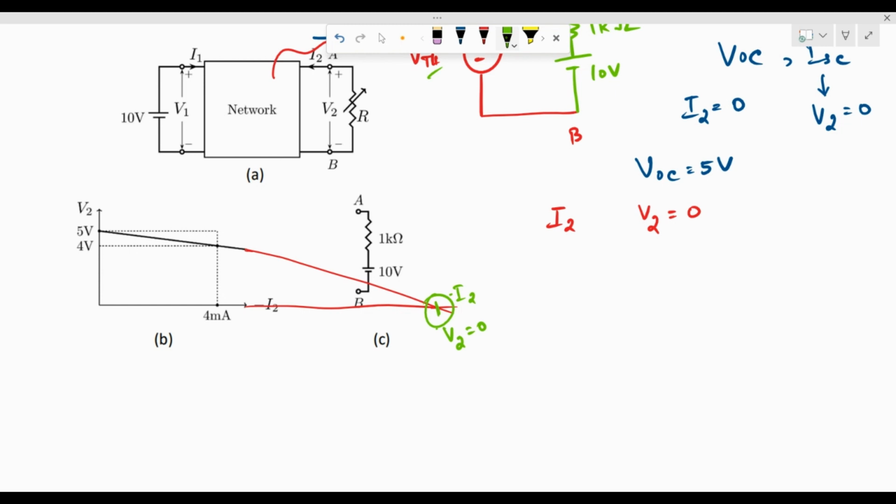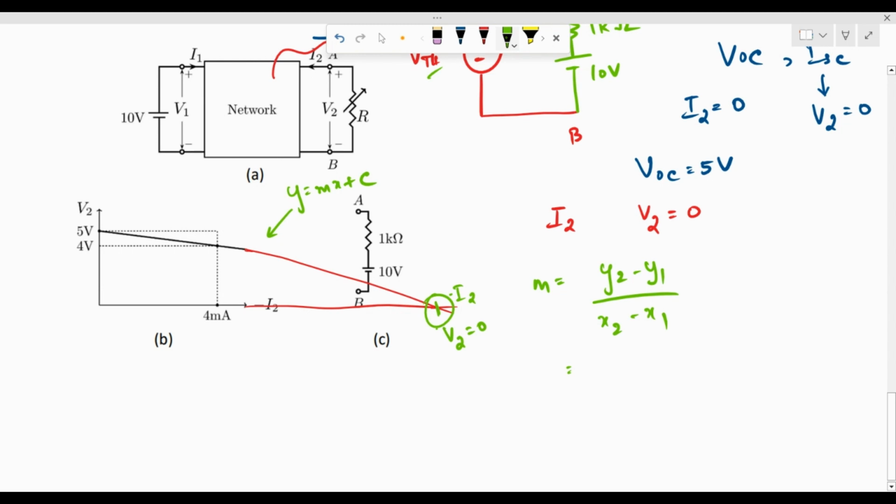So if we are able to obtain the equation of this particular line, y is equal to mx plus c, then we can replace y with 0 and find the value of x, knowing the intercept value and the slope value. So to find m, y2 minus y1 by x2 minus x1 can be used.